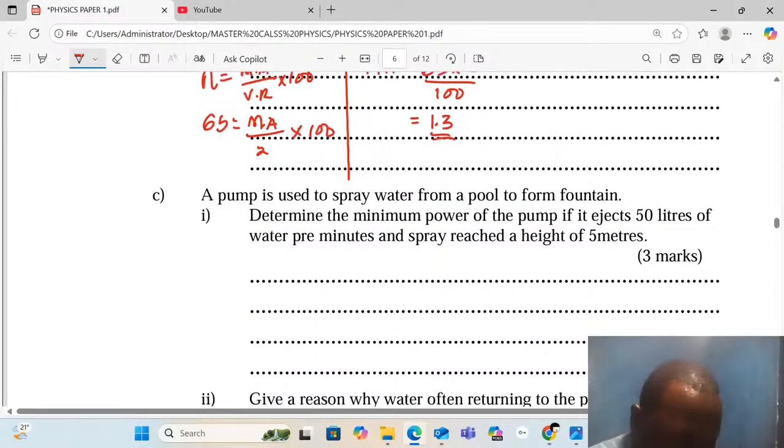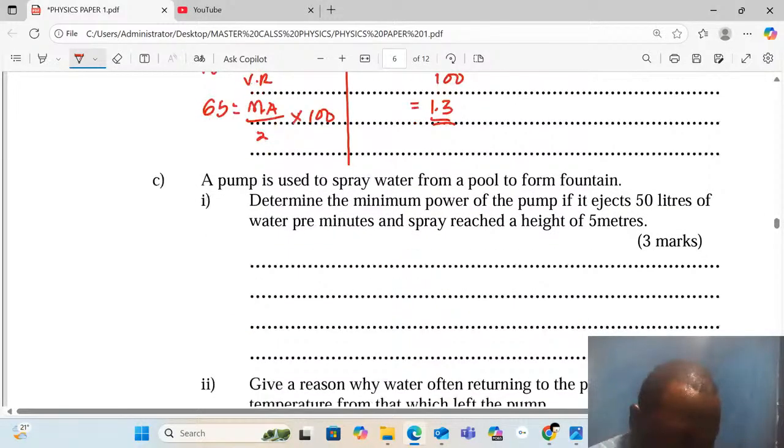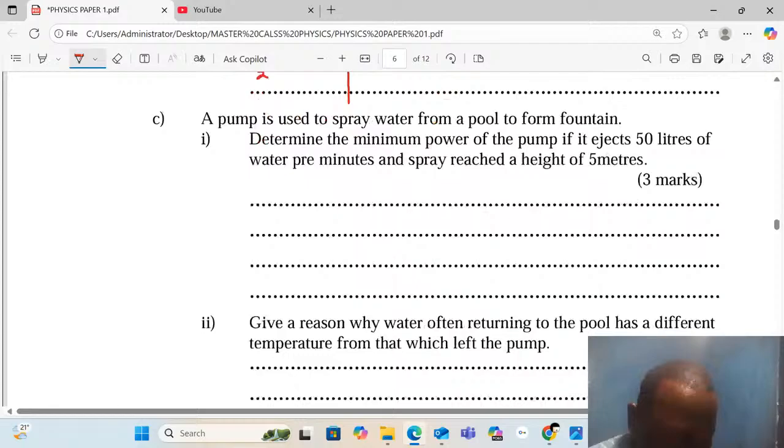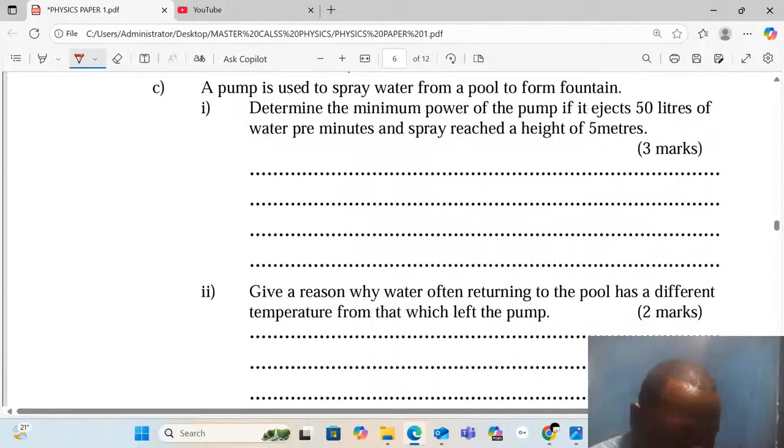Fountain: then you're told, determine the minimum power of the pump if it ejects 50 liters of water per minute and spray reaches a height of 5 meters. In this case, we can have this in two ways.